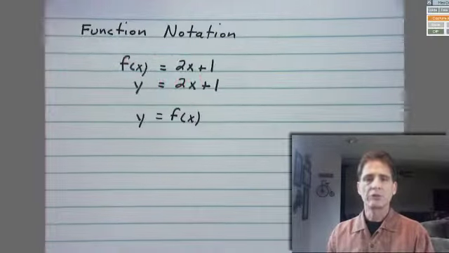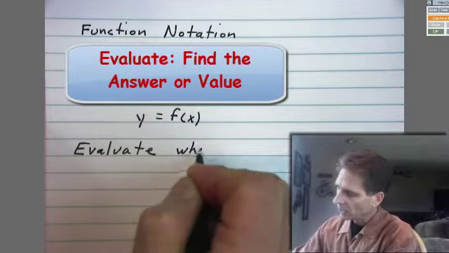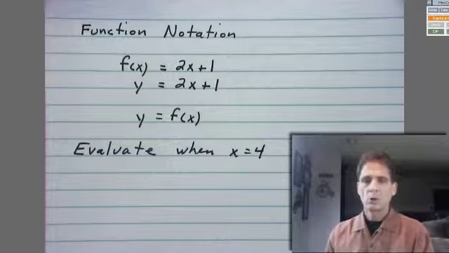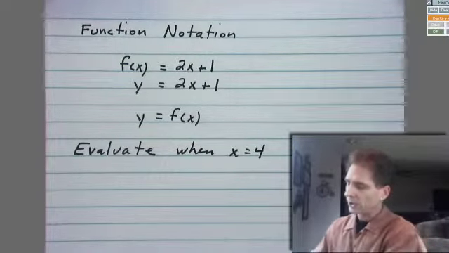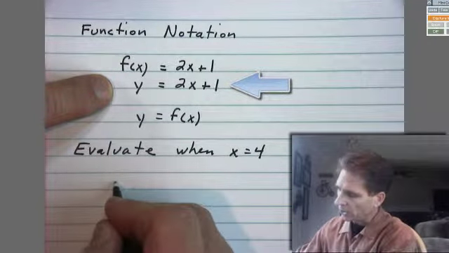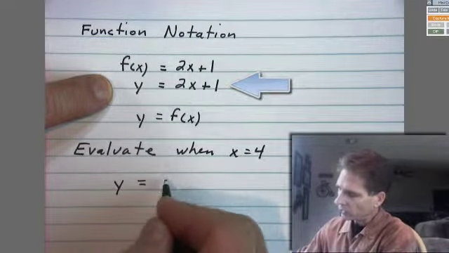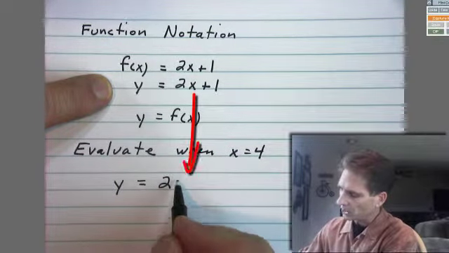Let's say we wanted to evaluate this function when x equals 4. So, we would first substitute the x equals 4 into the equation. Let's first use this form of the equation, y equals 2x plus 1. Instead of x, we're going to substitute the 4 in for it.